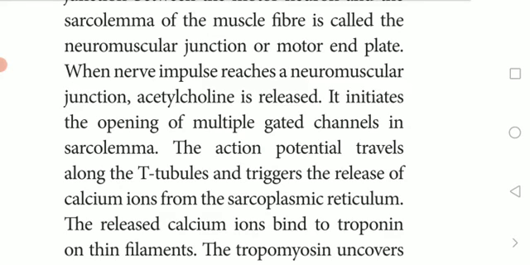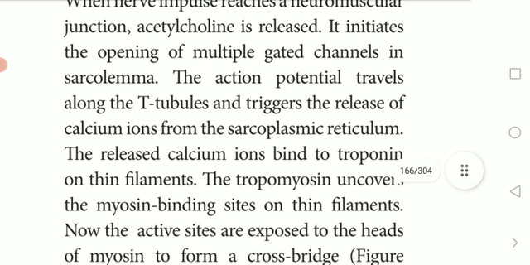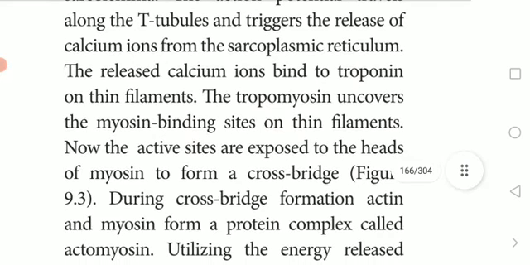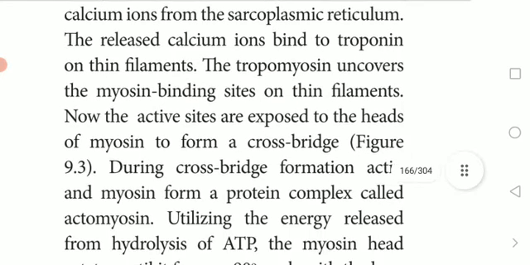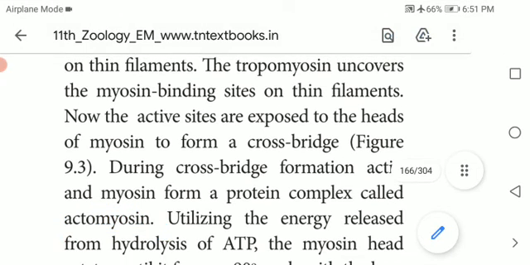It initiates the opening of multiple gated channels in the sarcolemma. The action potential travels through the T tubules and triggers the release of calcium ions from the sarcoplasmic reticulum. The released calcium ions bind troponin on the thin filaments. The tropomyosin uncovers the myosin binding sites on the thin filaments. Now the active sites are exposed to the head of myosin to form a cross bridge.